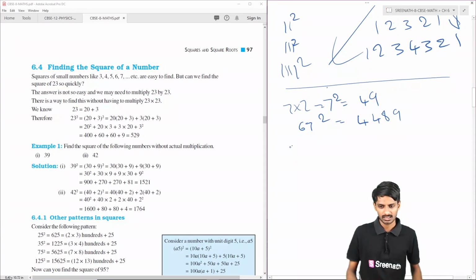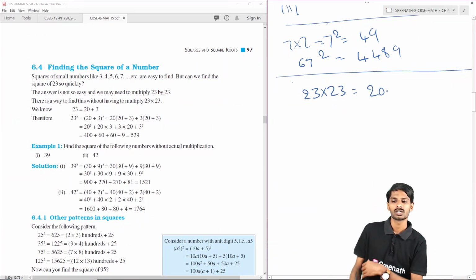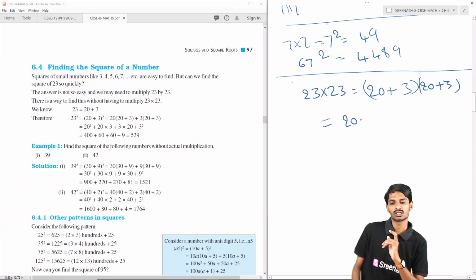For that, 23 into 23, we can write as 20 plus 3 into 20 plus 3. We can write it as (20 plus 3) whole square.